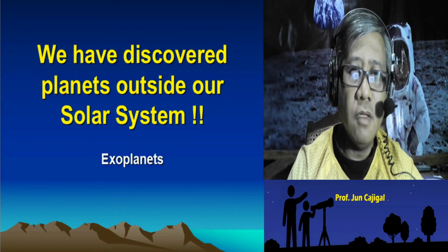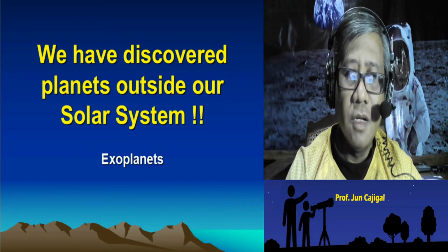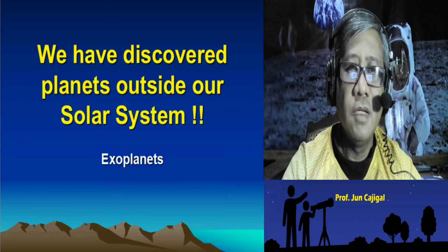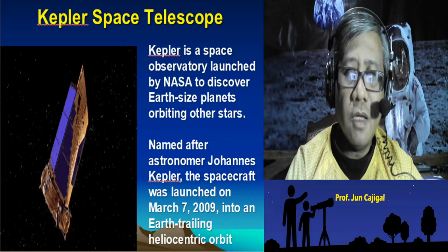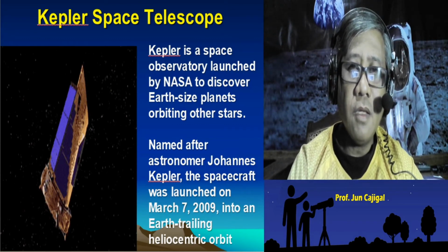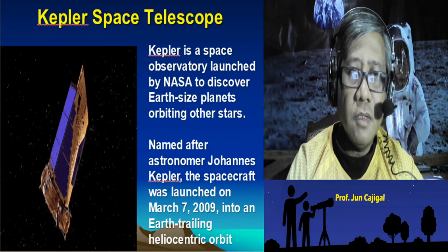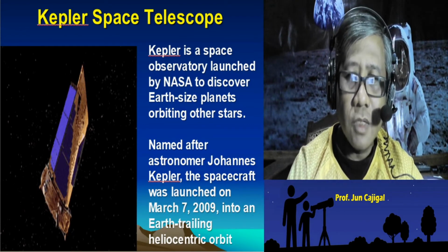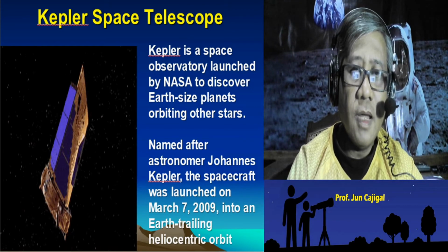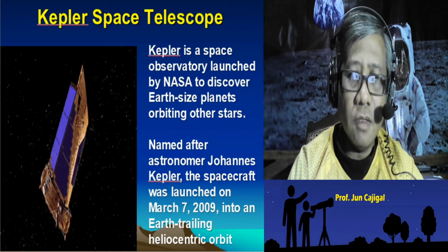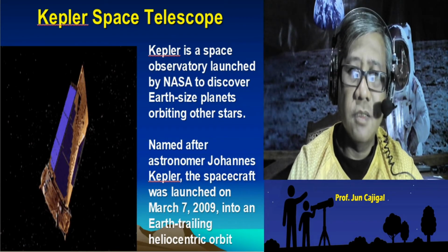Yes, meron na tayong na-discover na planets outside our solar system. We call them the exoplanets. Okay? And those exoplanets were discovered by the Kepler Space Telescope. The Kepler is a space observatory launched by NASA to discover Earth-sized planets orbiting other stars.